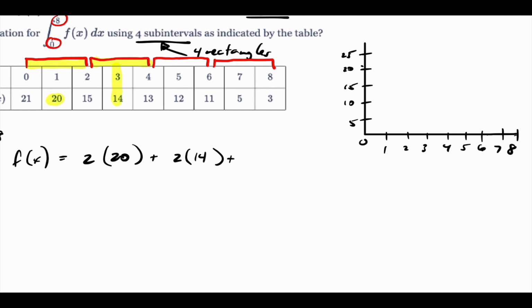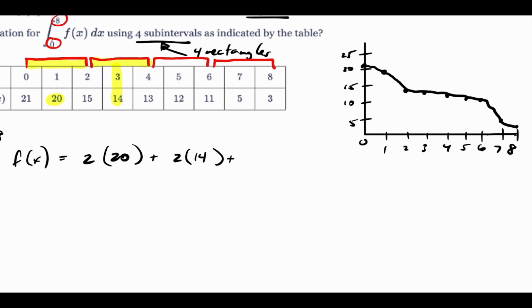Then the points: 0, 21. 1, 20. 2, 15. 3, 14. 4, 13. 5, 12. 6, 11. 7, 5. 8, 3. Oops. That's just a sketch.